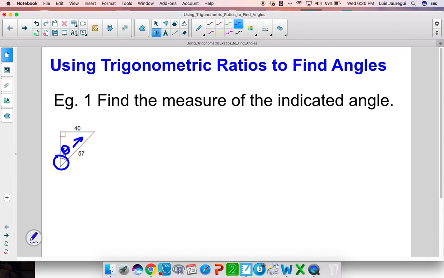I can start to label the parts. The side right across from it is what we refer to as the opposite leg. And remember that the side across from your right angle is what we refer to as the hypotenuse.